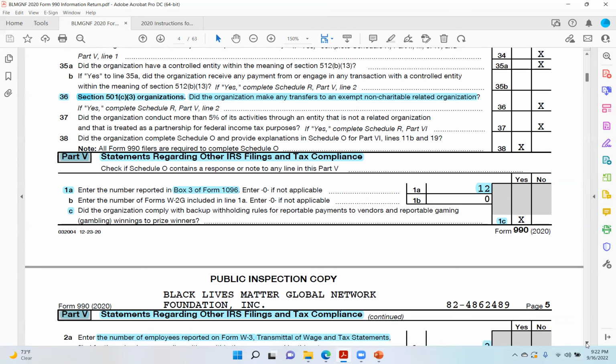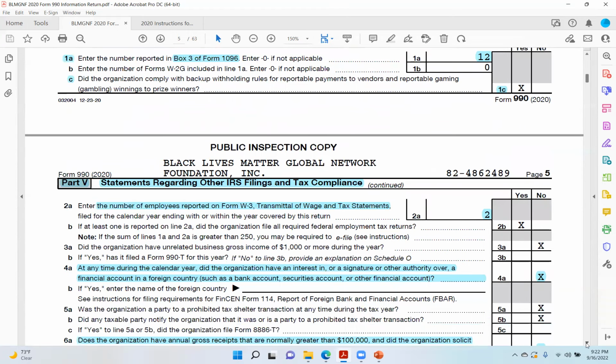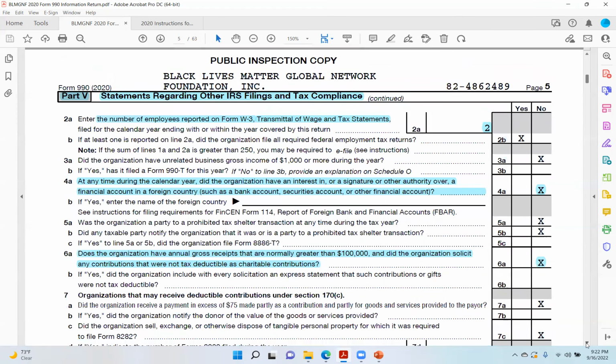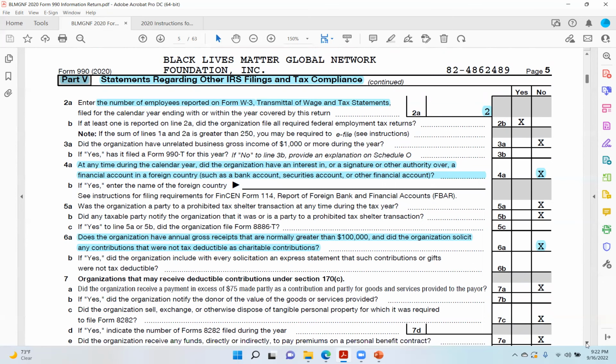So that's 2 red flags. 2A is a red flag. 4A is a red flag. And 6A is a red flag. So in this particular part 5 of the Form 990 information return, I've identified how many? 5 red flags.